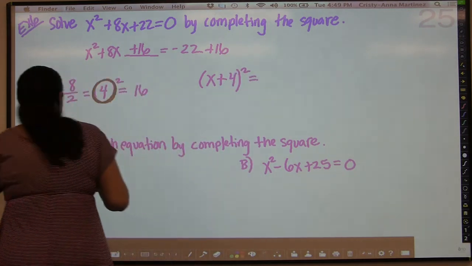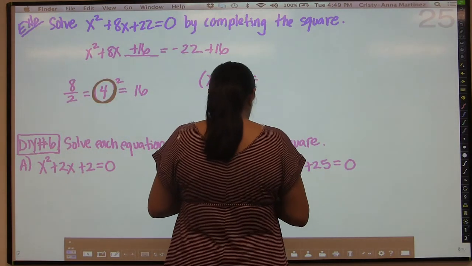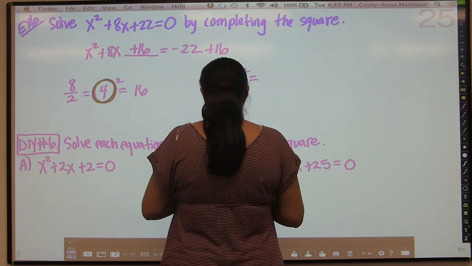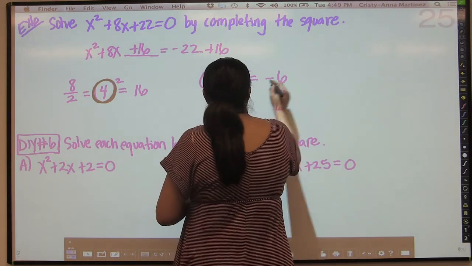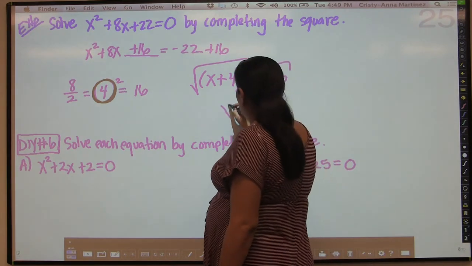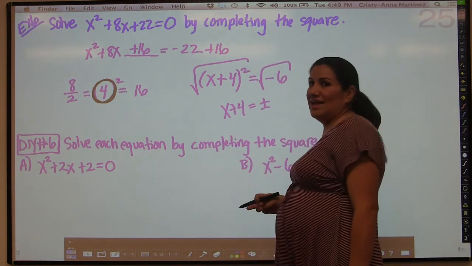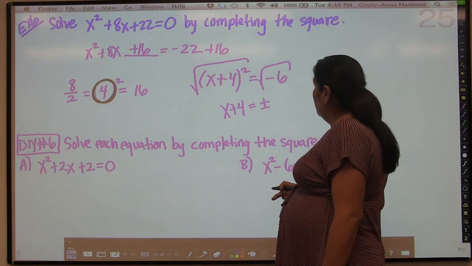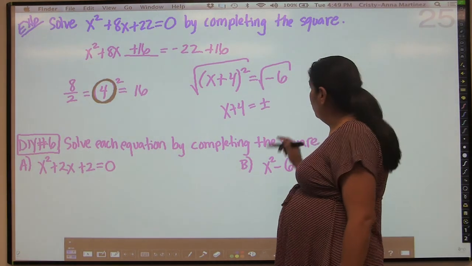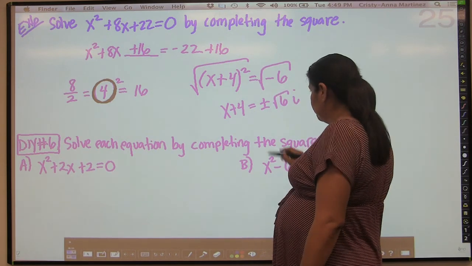and this time 16 minus 22 is going to be a negative because the 22 is bigger. So you get negative 6, and so when I square root, I'm going to have x plus 4 plus or minus, but the square root of negative 6 is going to have an i in it, and 6 doesn't break down any further, so it's just going to be plus or minus root 6i.